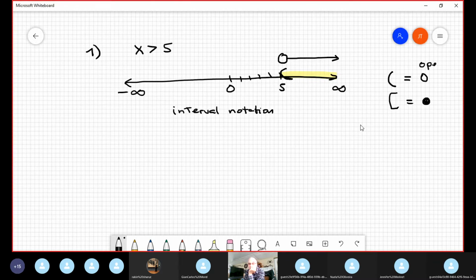Open, close. This is the notation used in Alex. And this is, well, not mine, it's the most common notation on paper. But it doesn't matter, I accept anyway. Entonces, the interval notation is parenthesis 5, infinity. This is the answer. So we have two answers, the graphic and the interval notation.